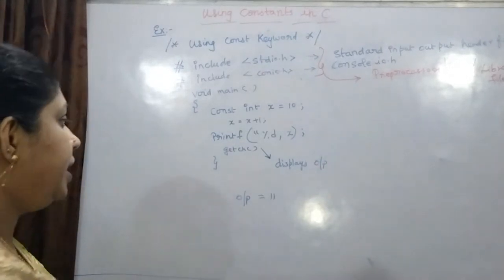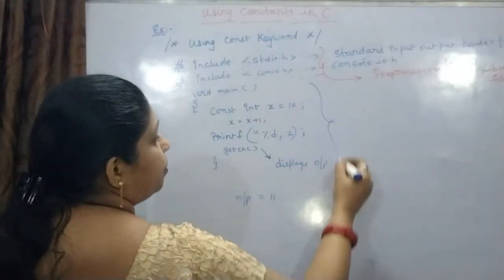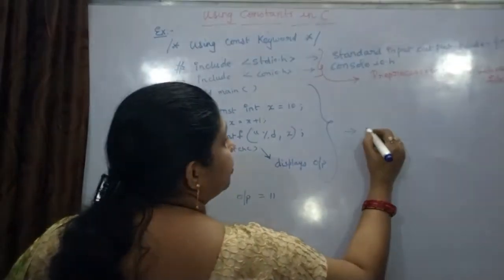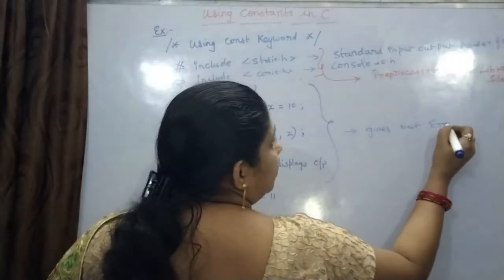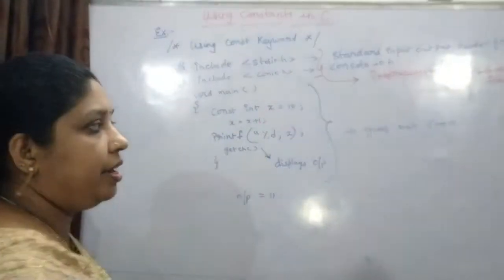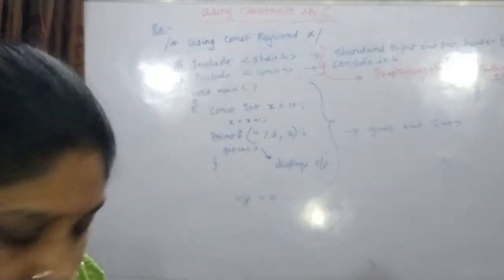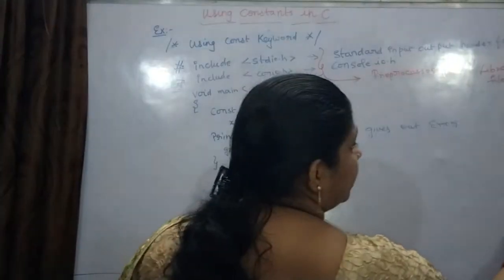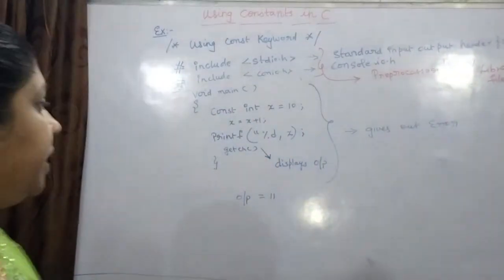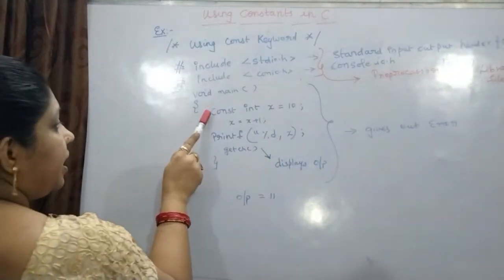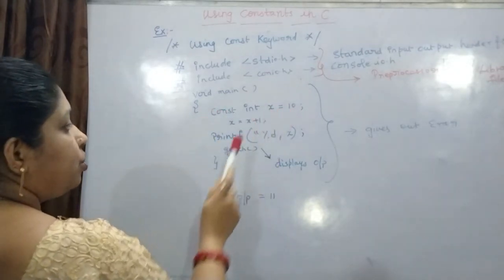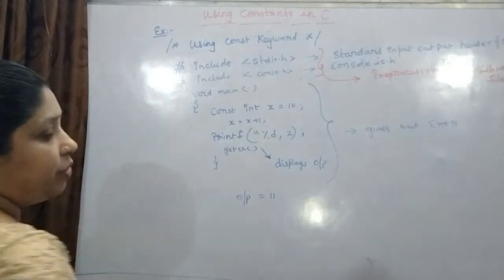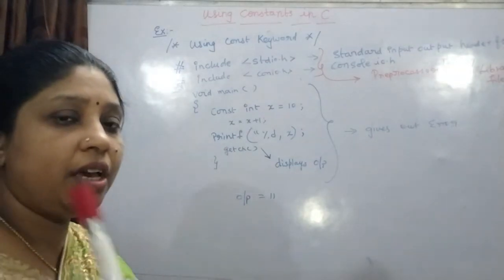No. This program gives an error. Why? Because here I have declared a constant x, and this x value should not be changed in the program. You cannot modify the x value.